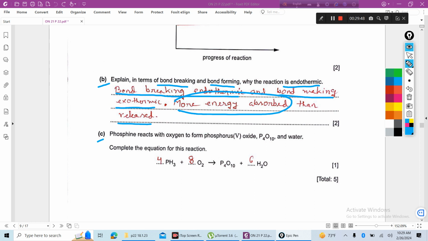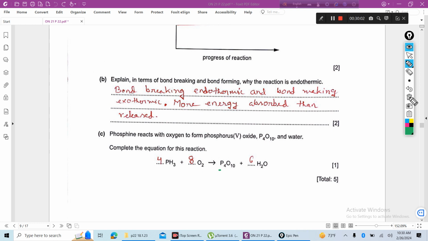Next, complete the equation. Phosphine plus oxygen gives phosphorus(V) oxide plus water. So how do you balance? Here 4 phosphorus, so you write here 4. Then 4 times 3 is 12 hydrogen, so you write here 6, 6 twos are 12.